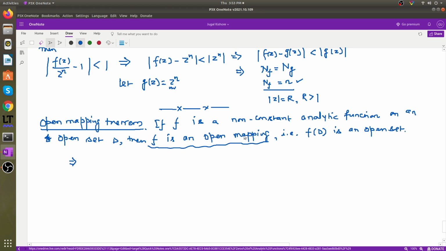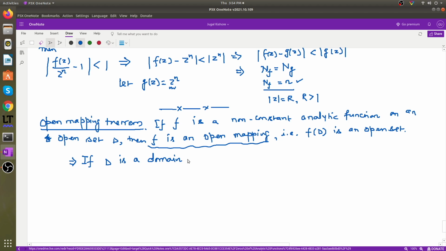We can have the generalization of this open mapping theorem in which we replace this open set with a domain.